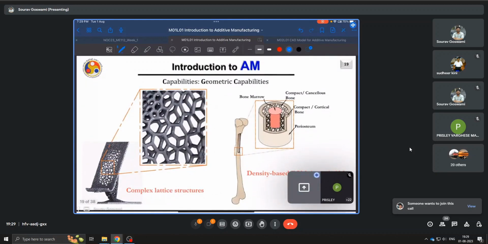Here on the left, we have something called lattice structures. So lattice structures are mostly composed of what are called, say, repeating cells. You have a unit cell with a well defined design.